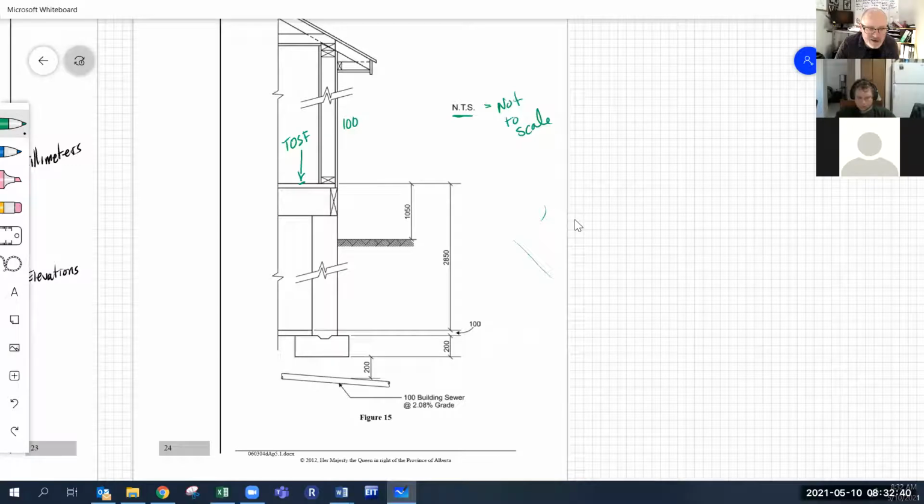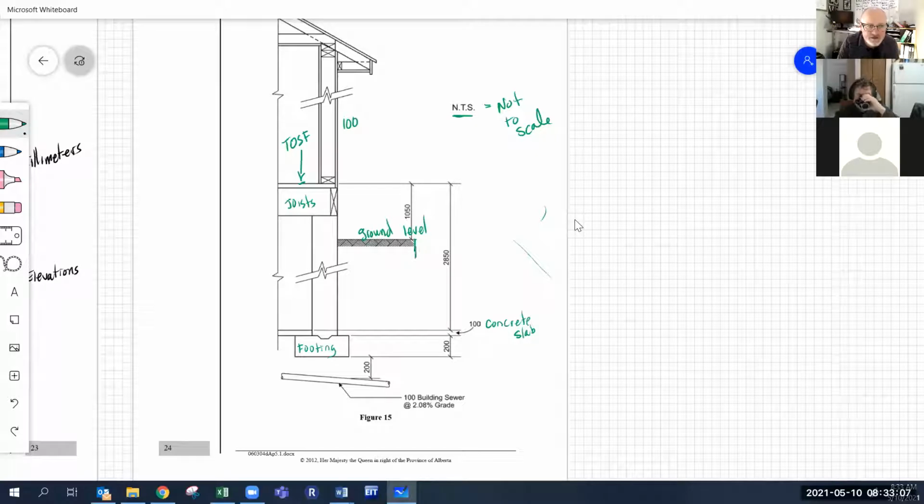This is the concrete slab. This is the footing. This is the joists. This is the ground level. This is the ground right here. This is ground, right?